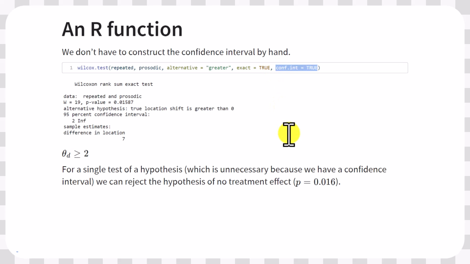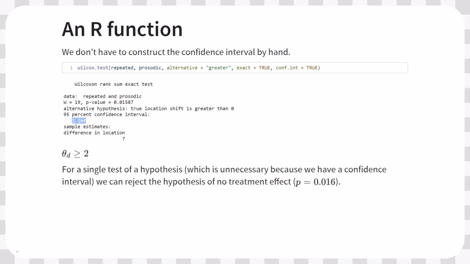We state here conf.int equals TRUE. We could state the level of confidence we want, but the default is going to be 95% confidence. And notice what we get. A 95% confidence interval is 2 and above. The median of differences in the population is at least 2.